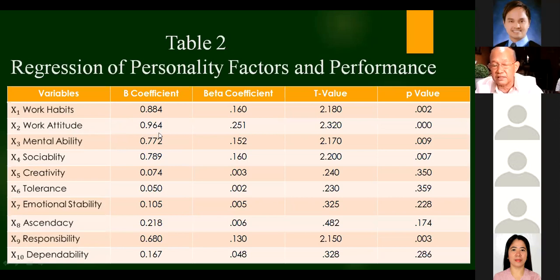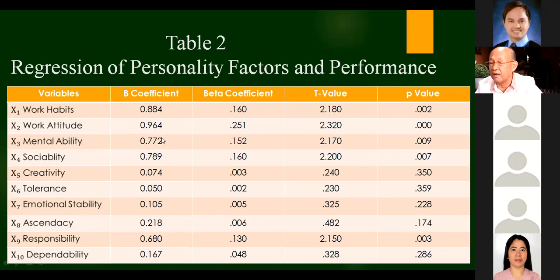This means that for every unit improvement in the work attitude of the teacher, performance could generate an increase of 0.96. Mental ability contributes 0.77, meaning for every improvement in IQ, teaching performance can be expected to increase by 0.77.